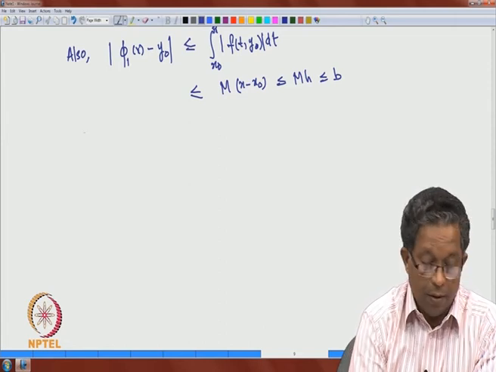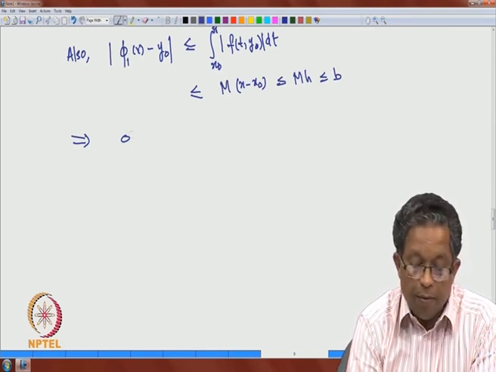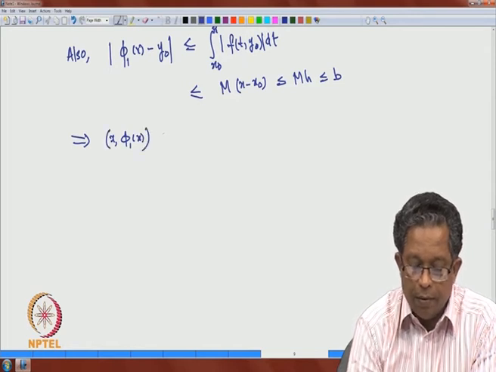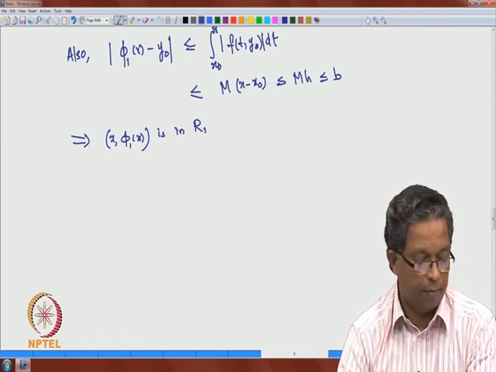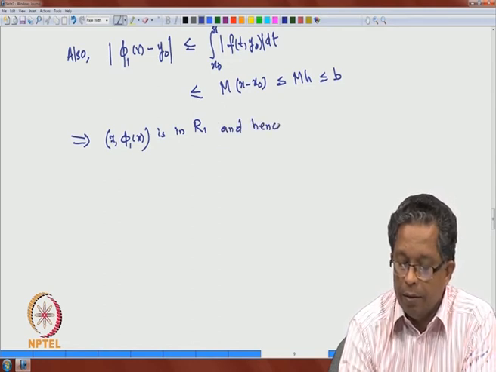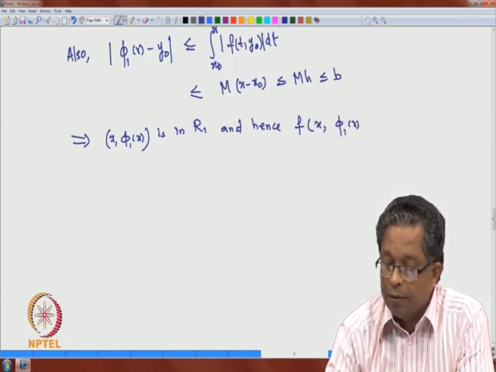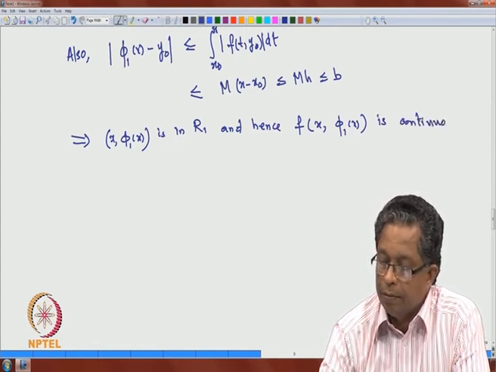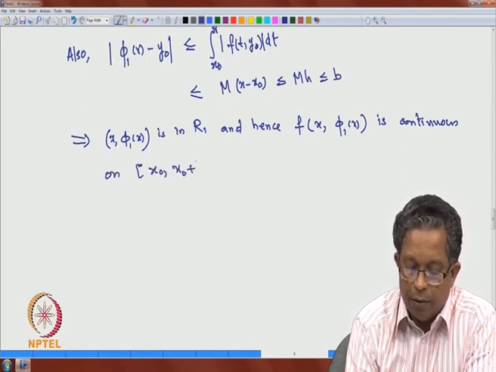Therefore, this implies that (x, phi 1 of x) is in R 1, and hence f of (x, phi 1 of x) is continuous on x 0 plus h.